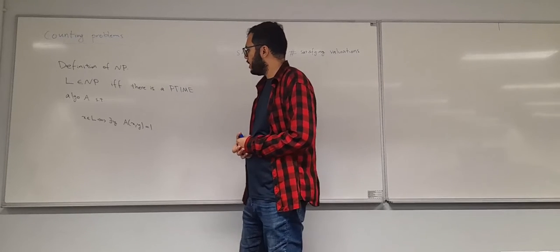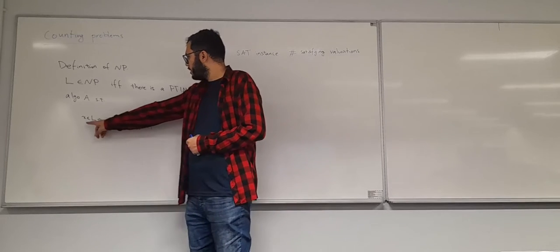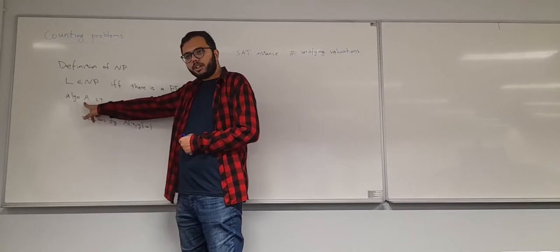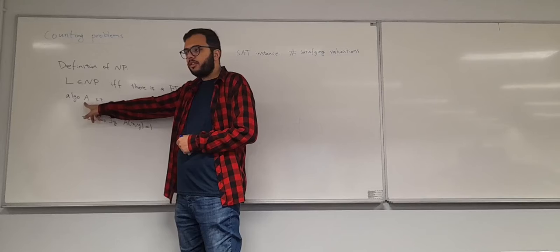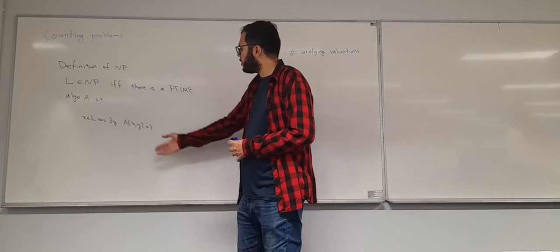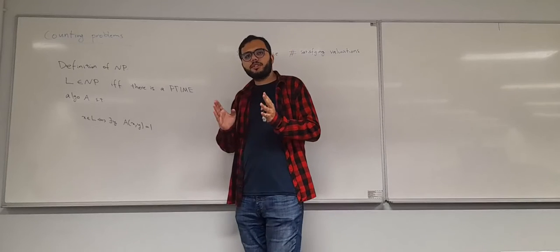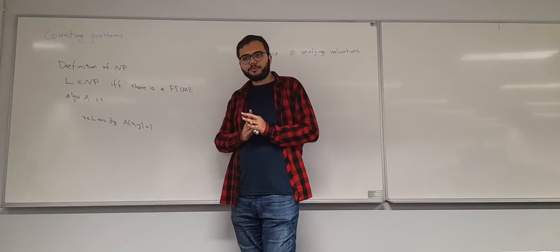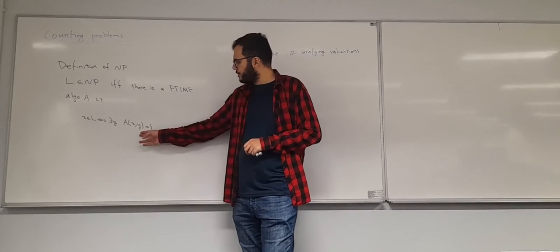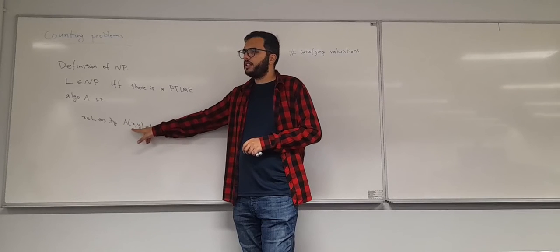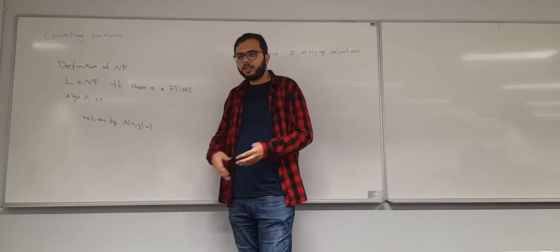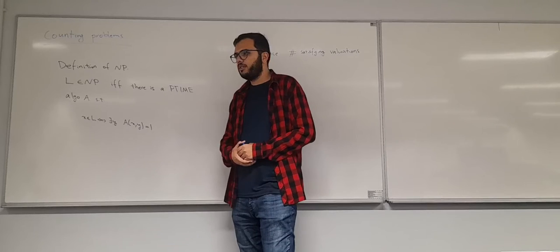So your input is this X and this algorithm, and you can run this algorithm, right? And I just ask you how many different Y's are there. And let's say that I fix a particular length for Y as well, because the length of Y has to be bounded by a polynomial in X, so I can just assume that the length of Y was also given to me in the input.